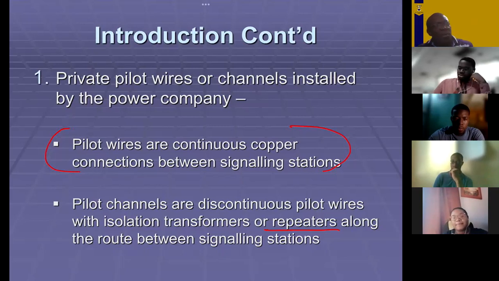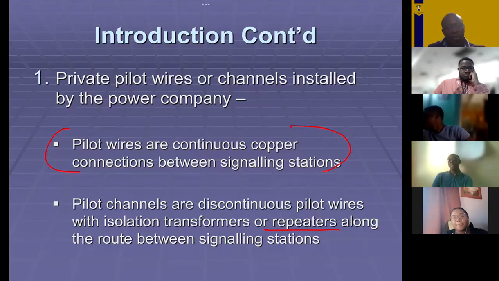Why was the low threshold important? I'm saying all of this because it will impact what we do with our tripping schemes. The low threshold is there because if you're transmitting over copper, you're dealing with interference from external sources.